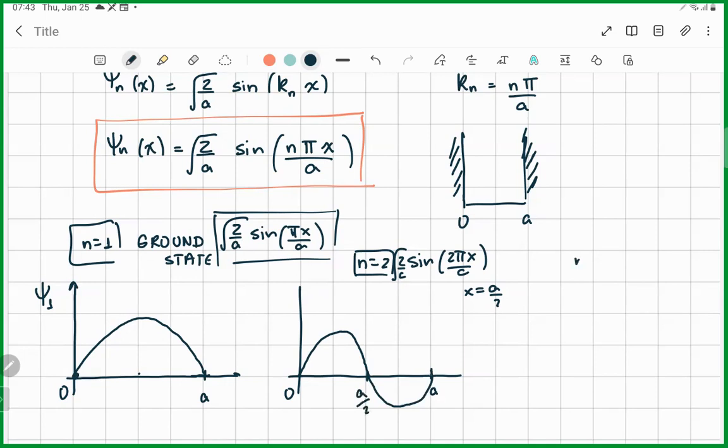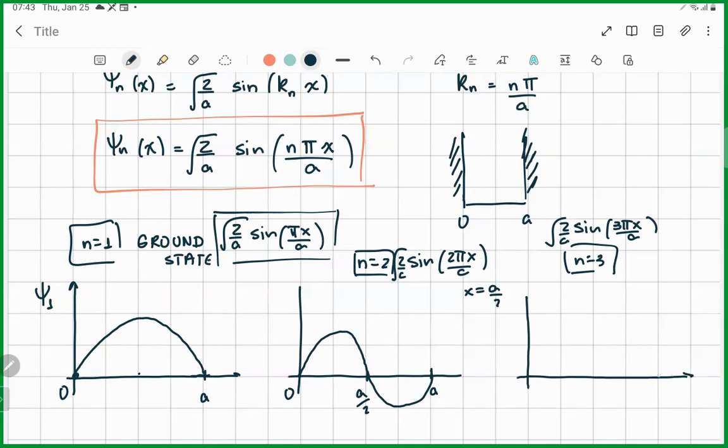And the last one, for n equals 3, we'll draw the sine of 3 pi x over A. And here there are 2 intermediate important points. So let's try to make them here.